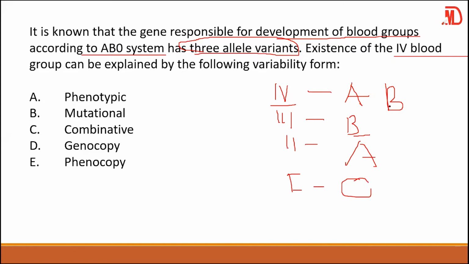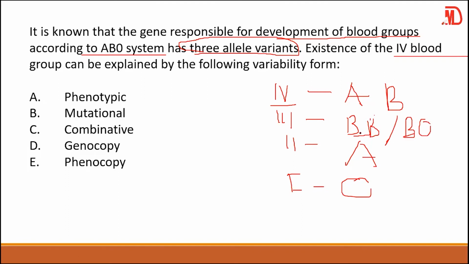And that phenomenon we call a combinative type of variability. That means it has both A and B. A combinative blood group variability. And both of them are dominant. Now, in blood group B, it could be BB or BO.